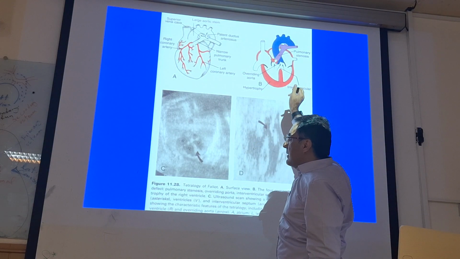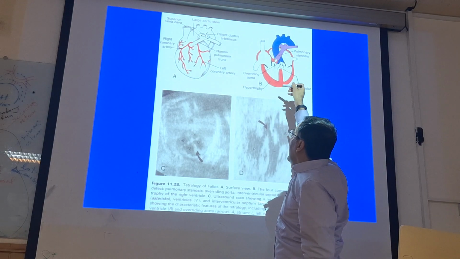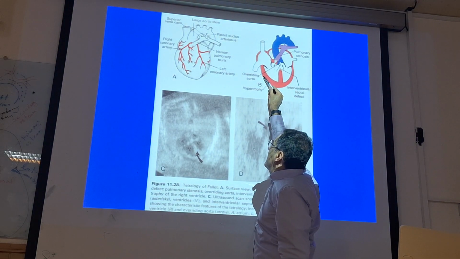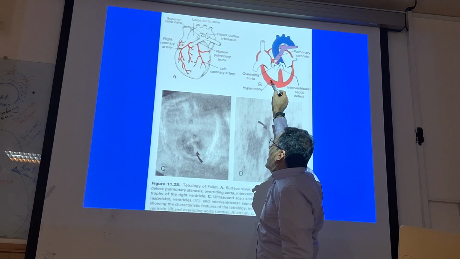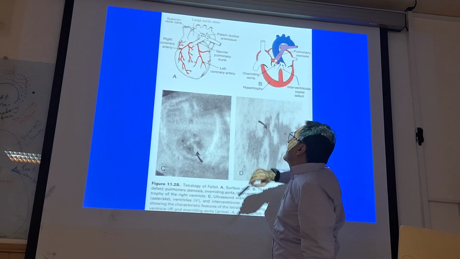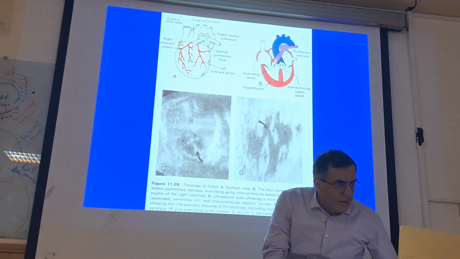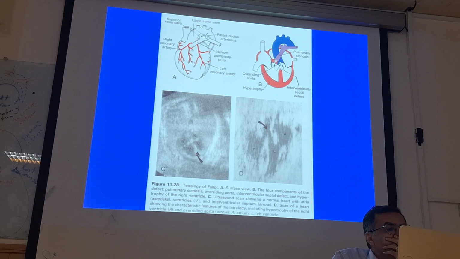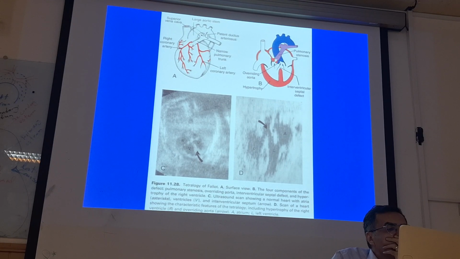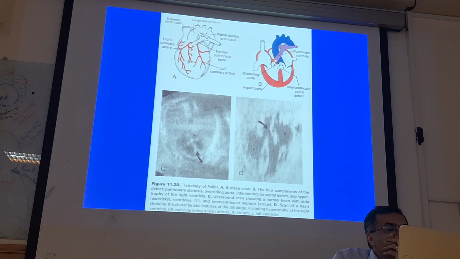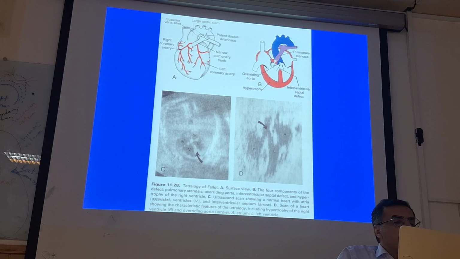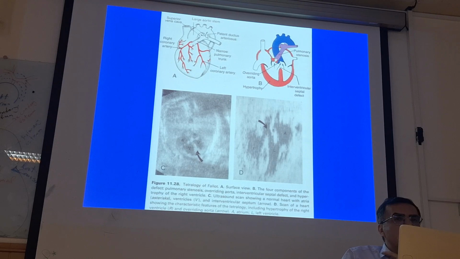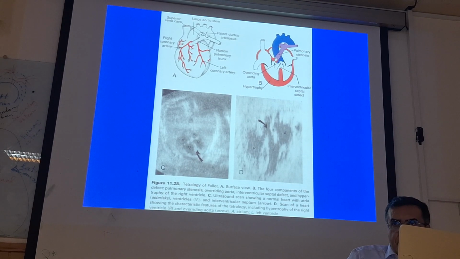We have four signs together, and the right ventricle hypertrophy. Tetralogy of Fallot. Look at the B pictures: hypertrophy of the right ventricle, interventricular septal defect, pulmonary stenosis, patent ductus arteriosus.